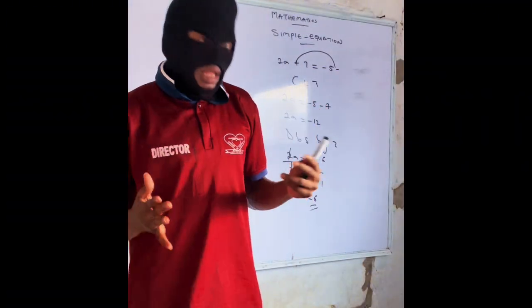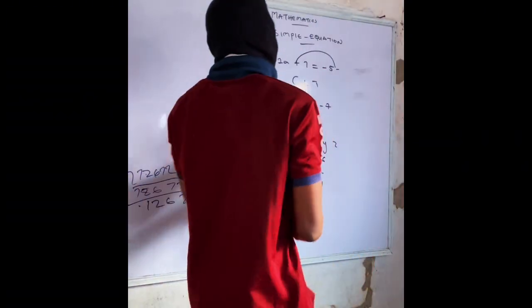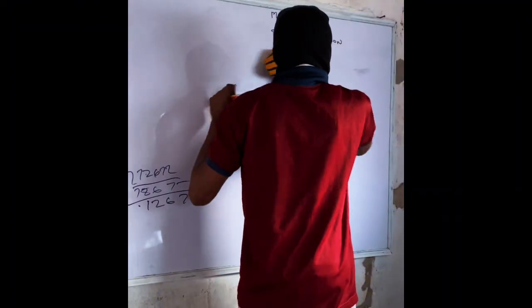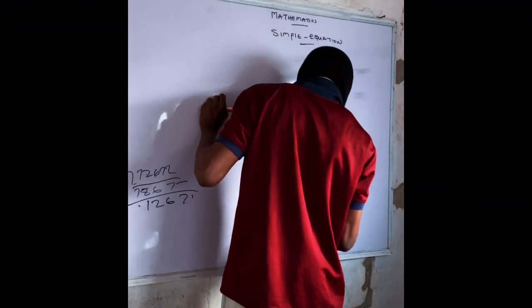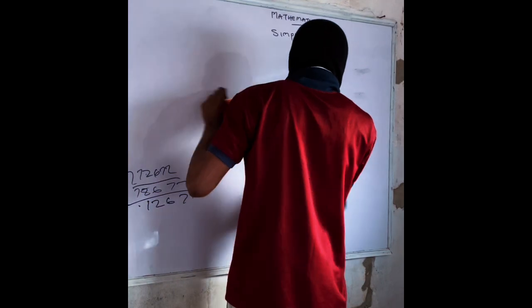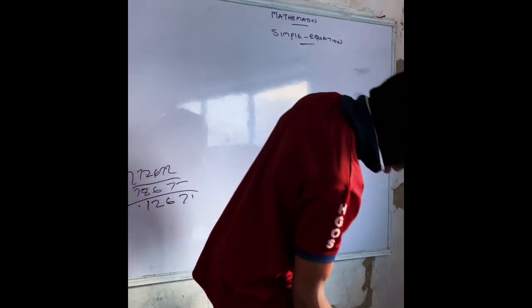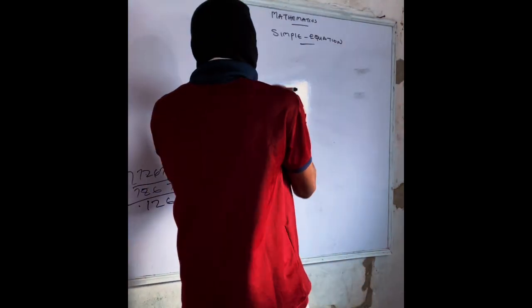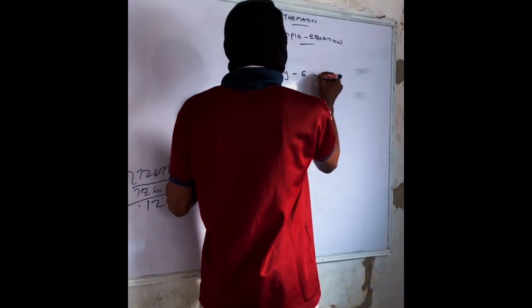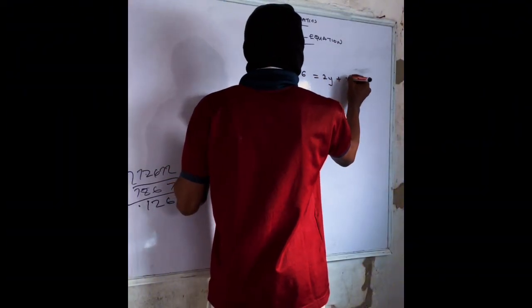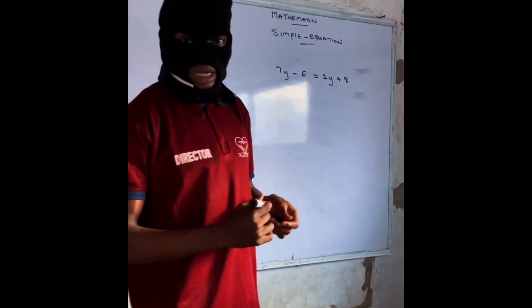Now you also have some questions like this. If we have 7y minus 6 equals to 2y plus 8. Now look at this.